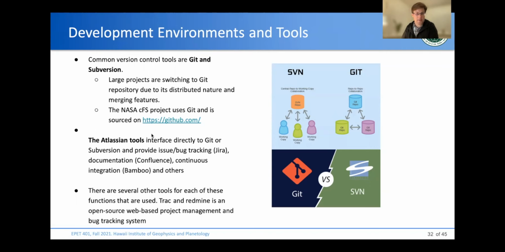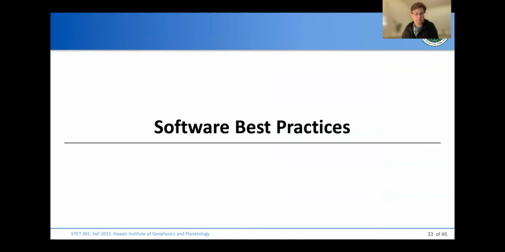GitHub also has some of these other functions, but not as developed as Atlassian. So yeah, it's important to keep up to date with these tools and know how to use them, especially for good software development and good practices.